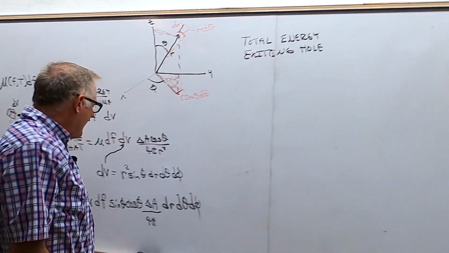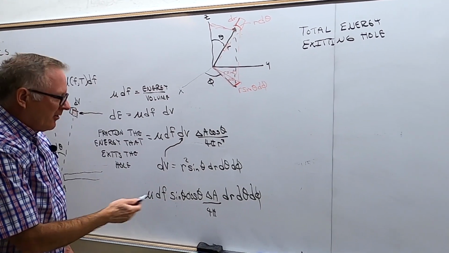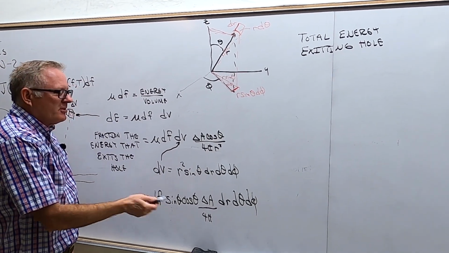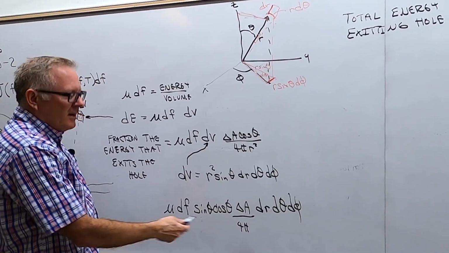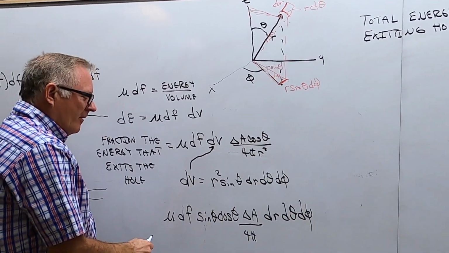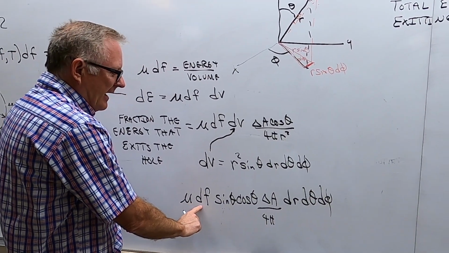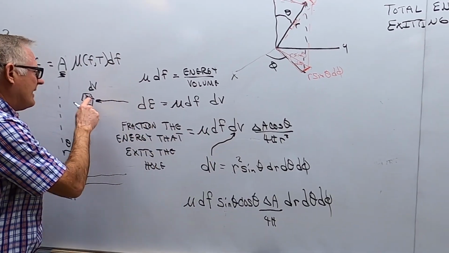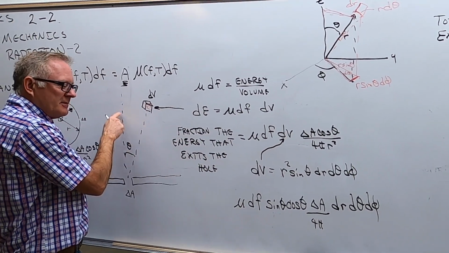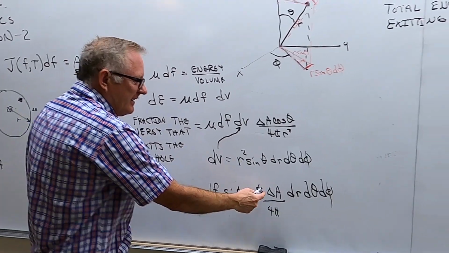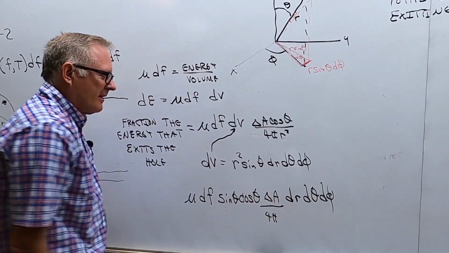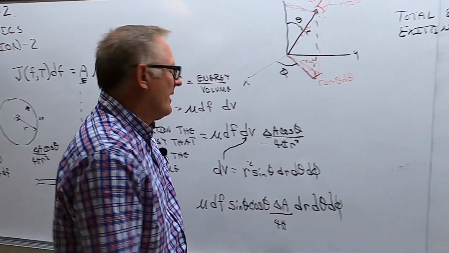I just have to add these all up and integrate, but I can bring out whatever's constant. Well, what's constant here that can be brought out? Well, mu and df are the same here as they are there. dA is a constant and 4 pi is a constant.